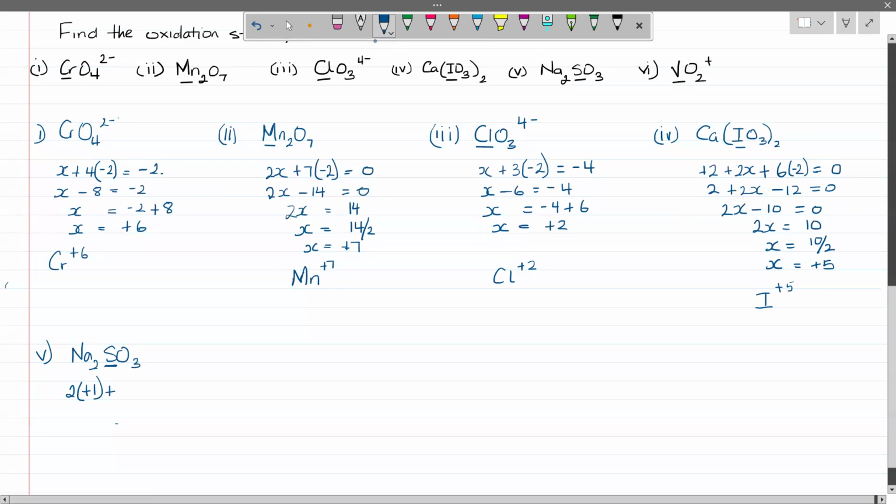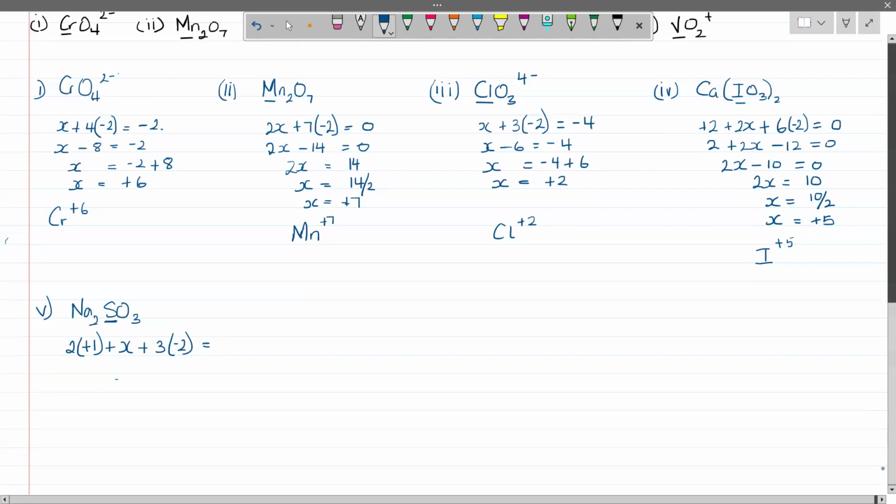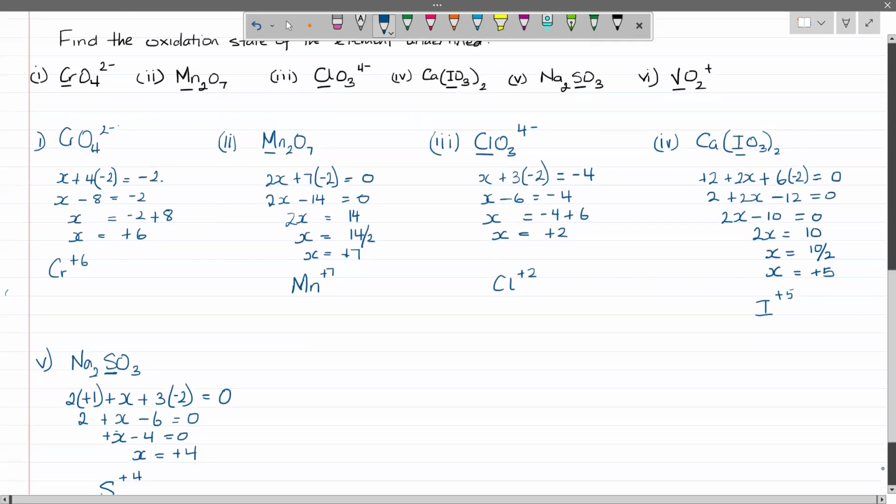We don't know what this is. We're going to use our X. We have 3 oxygen, and we know that the oxidation number is -2. This would be 0. Right, so you're going to get 2 plus X minus 2 by 3 is -6, is equal to 0. X minus 4 is equal to 0. X is equal to +4. So the sulfur has a +4 charge here.